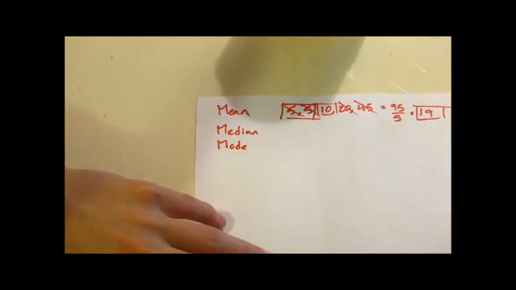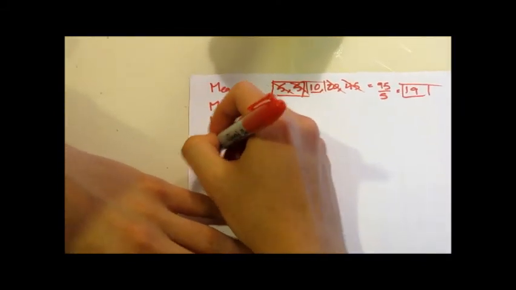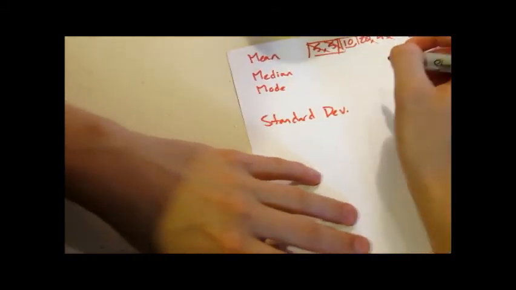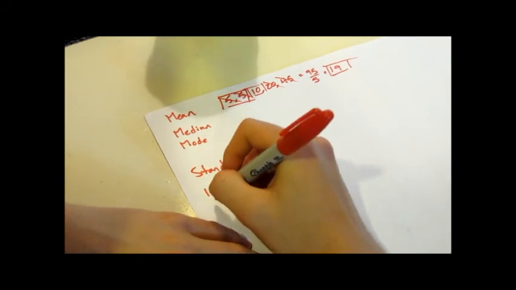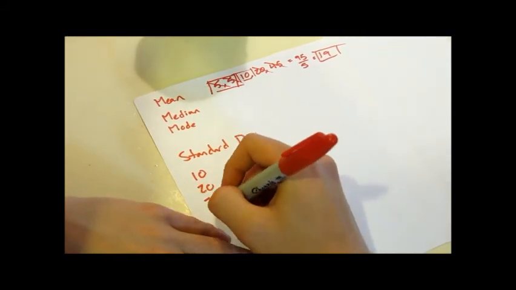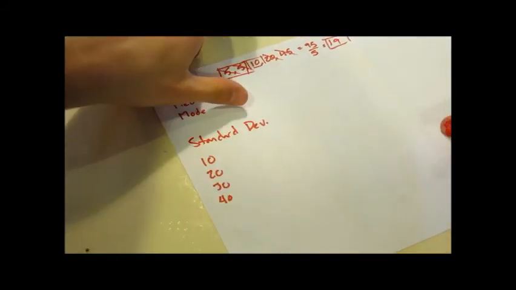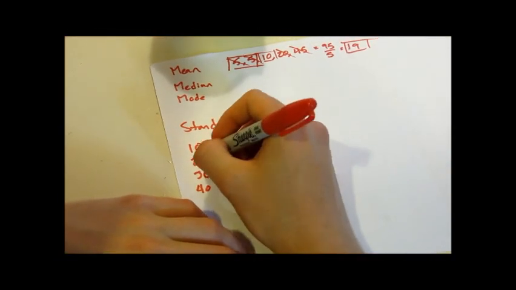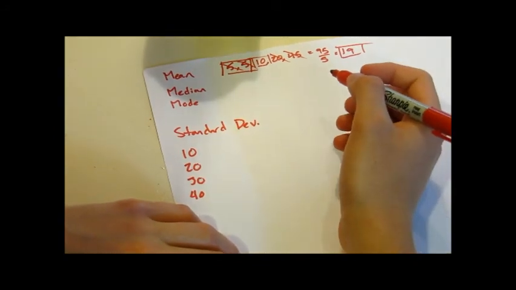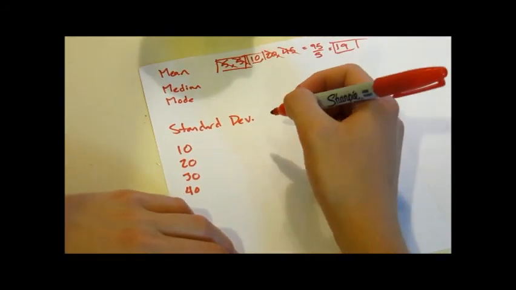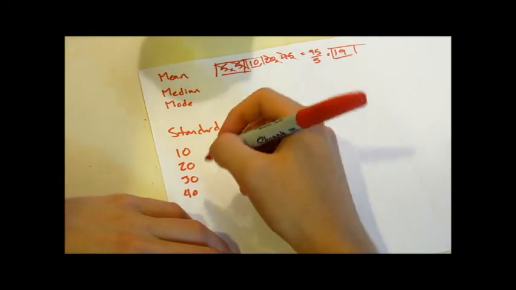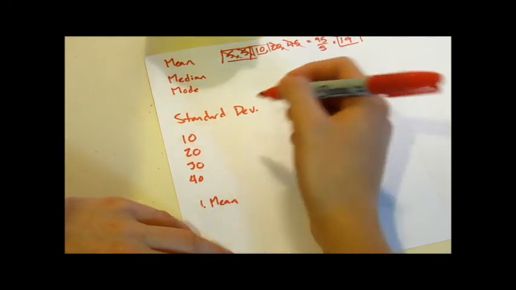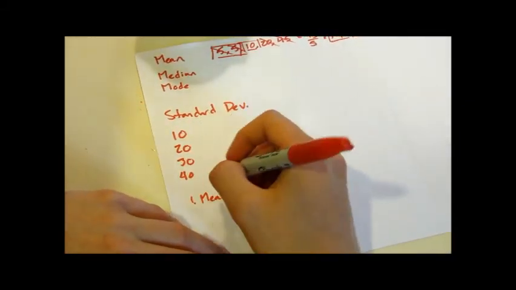Now, standard deviation. For this we're going to use a different set: 10, 20, 30, and 40. Standard deviation is just the measurement of variance in a data set. To find it, first we have to find the mean. The mean of this, I'm just going to do it in my head, is 25.